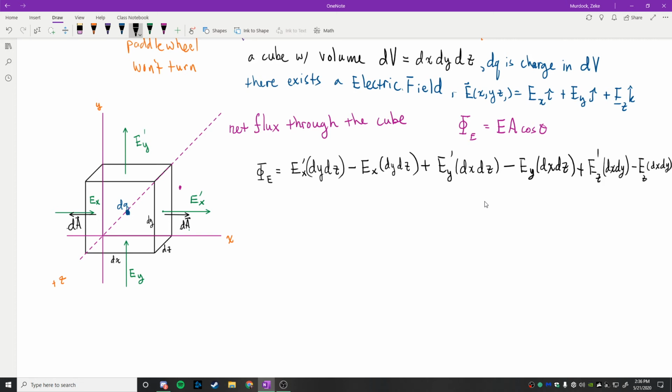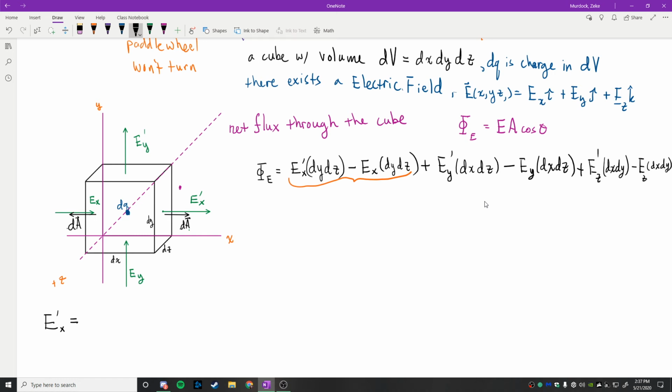Do you guys have any questions? Now, what we do next is I'm going to look at this term right here and then argue that the same thing happens for the other terms. The value of Ex prime is the value of the electric field at the location right here on the right edge of the box.